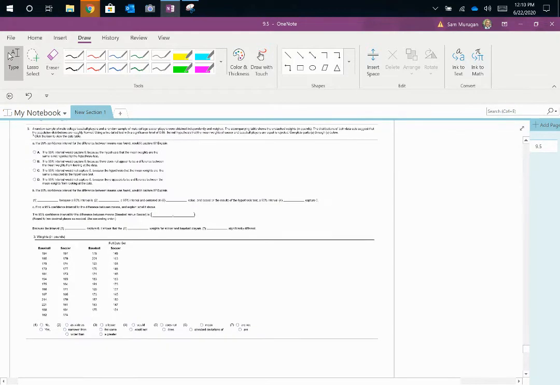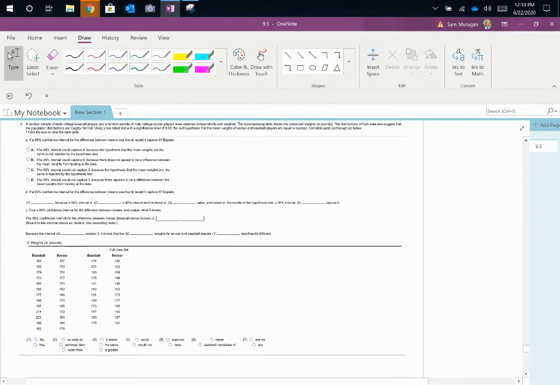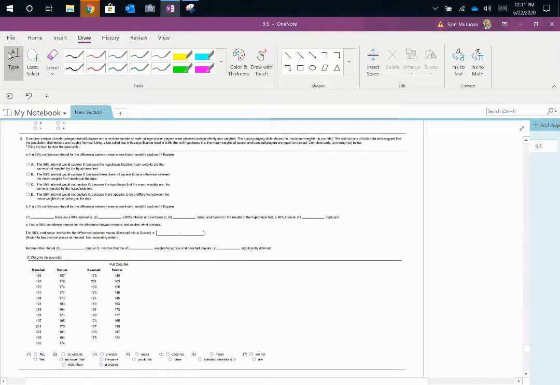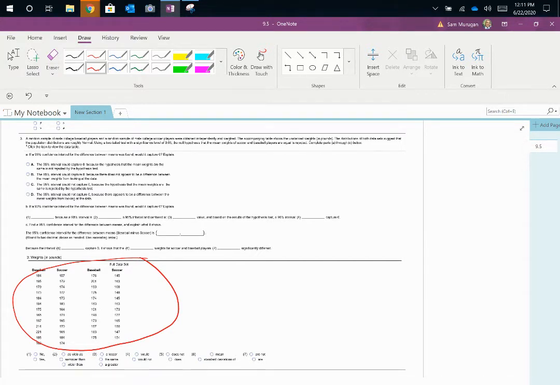Look at number 3. A random sample of male college baseball players and a random sample of male college soccer players, same type of data, but see what's happening here, were obtained independently in weight. The accompanying table shows the unstacked weights in pounds. It might seem like the same question, but we have to be careful about what it's asking.